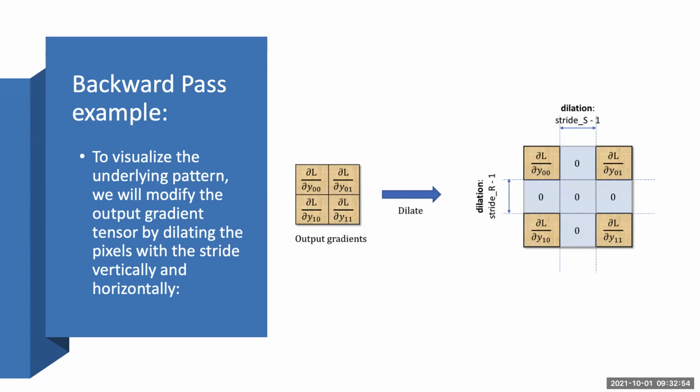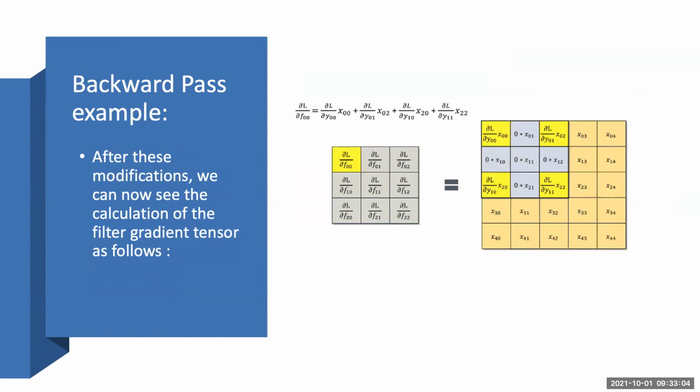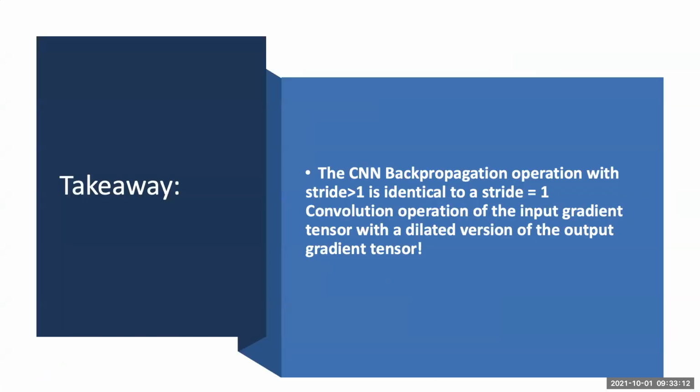You only dilate the output gradient for you to be able to get your filter size back. I hope that makes sense. And you basically perform the same convolution operation, and then you'll be able to retrieve your loss with respect to the filters.